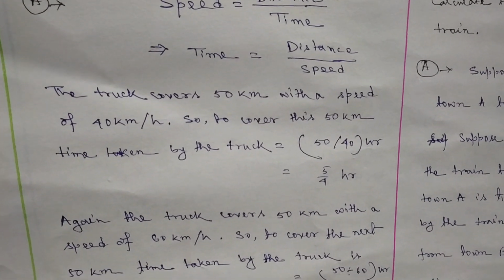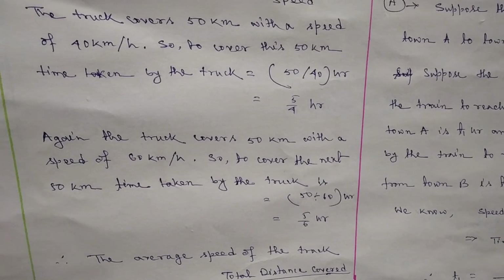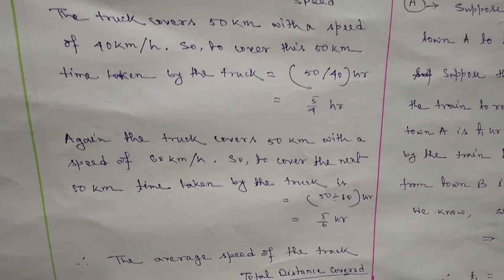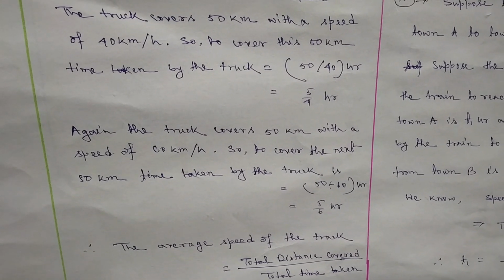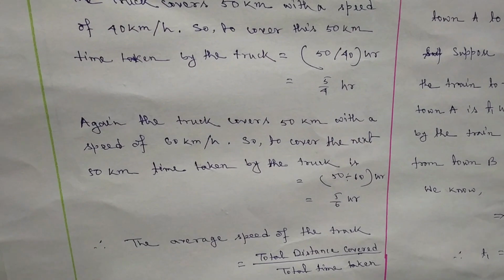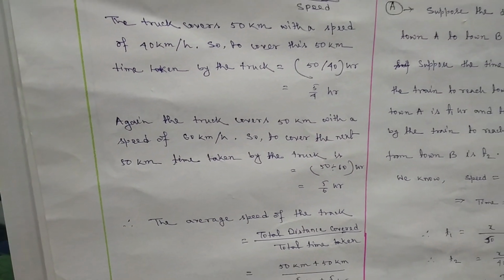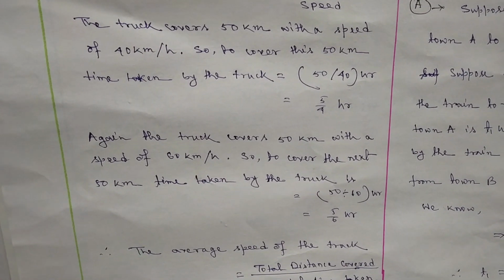Now again the truck covers 50 km with a speed of 60 km per hour. So to cover the next 50 km, time taken by the truck is 50 by 60, that is 5 by 6 hour. So total time taken by the truck is 5 by 4 plus 5 by 6 hour.